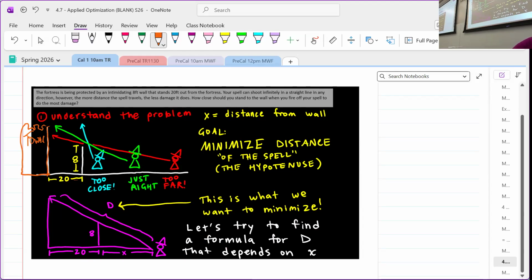So if I stand really close to the wall, it doesn't have to go very far to get over the wall, but then it's going to have to go really far to finally hit the tower. If I stand too far away, then the distance to get to the wall is going to be too long. So I'm trying to solve for what's this magic distance from the wall.